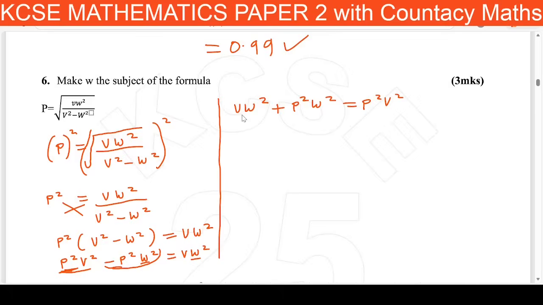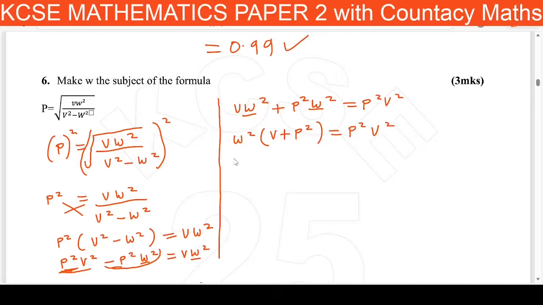So the next thing that we do is that we factor out the components of w. So we have w squared, we factor it out. What we remain with here is a v, and then we've got a plus, what we remain with here is a p squared, like that, is equivalent to p squared v squared.